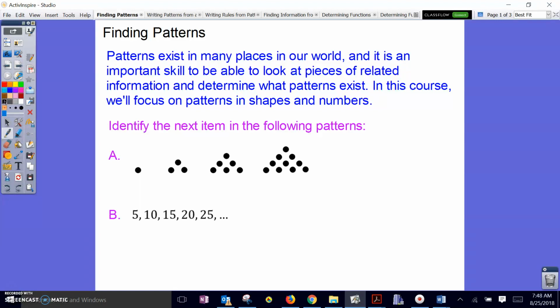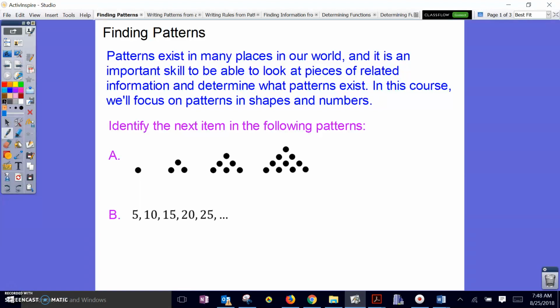And hopefully you quickly see that all of these drawings in the first pattern are drawings of dots in the shape of triangles. But what changes as we go from one to the next? Well, it looks to me like all we do is add one more row of dots at the bottom with one more dot than the row before.